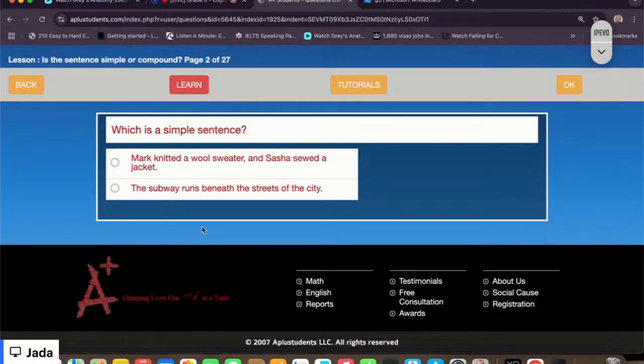Alright, which is a simple sentence? Mark knitted a wool sweater and Sasha sewed a jacket. The subway runs beneath the streets of the city.